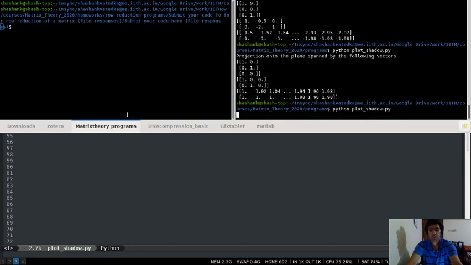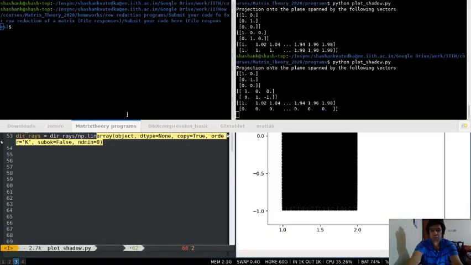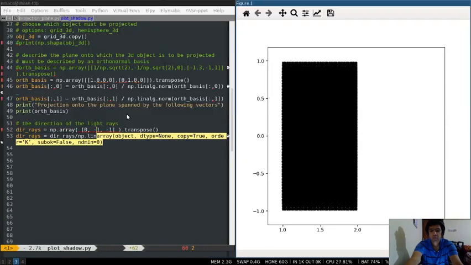Now if I try to plot the shadow, well, essentially what I would expect is a rectangle, and that is basically what I get.